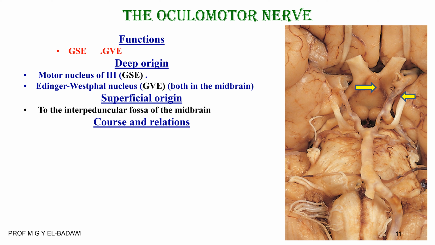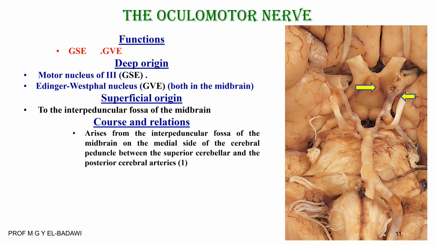The course and relation, which is important to remember: it arises from the interpeduncular fossa of the midbrain on the medial side of the cerebral peduncle. This is the cerebral peduncle over here. Between two arteries, which are the superior cerebellar artery, that is the one, and the posterior cerebral artery.